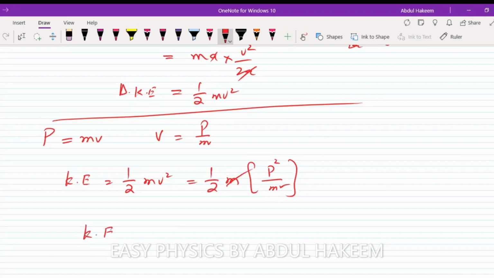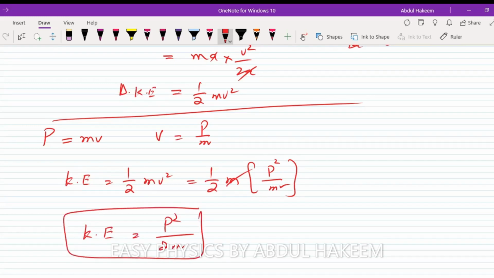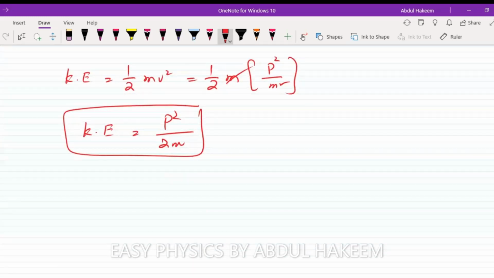So the other formula for kinetic energy will be p squared over 2m. This is kinetic energy. The definition of kinetic energy is the energy possessed by an object due to its speed to do some work. And potential energy is the energy which is stored in a body to do some work.